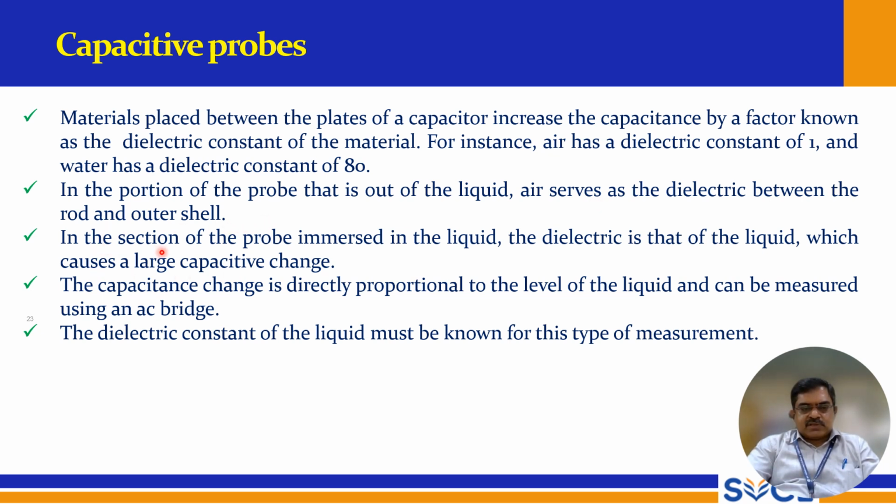In the section of the probe immersed in the liquid, the dielectric is that of the liquid, which causes a large capacitive change. That change is directly proportional to the level of the liquid and can be measured using an AC bridge circuit. The dielectric constant of the liquid must be known for this type of measurement.